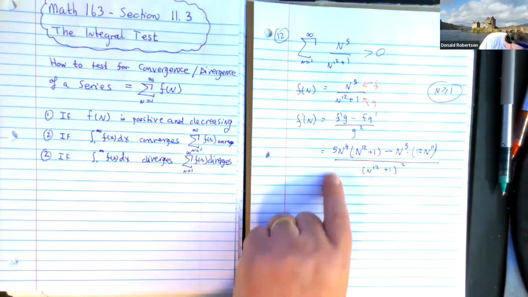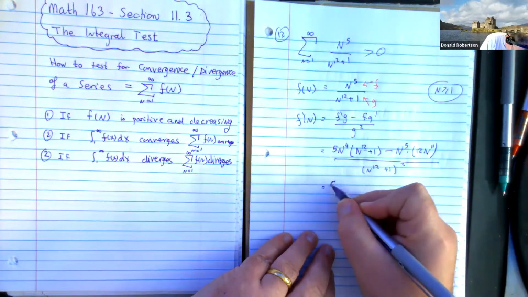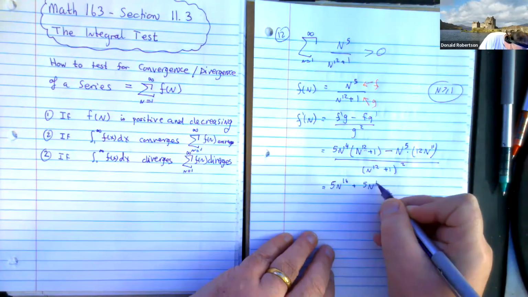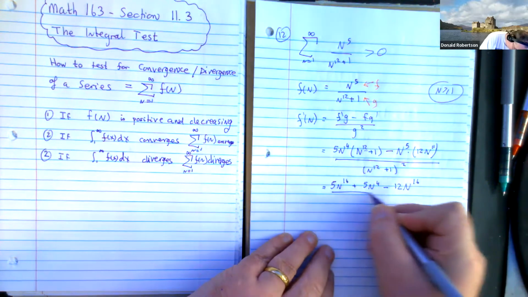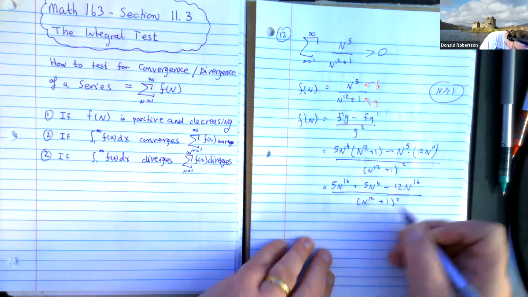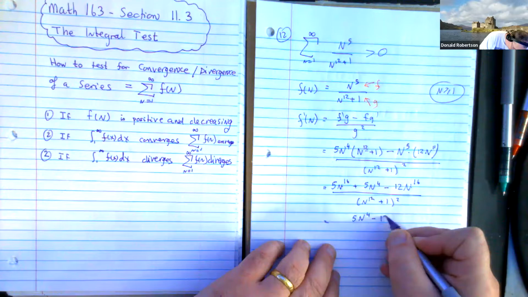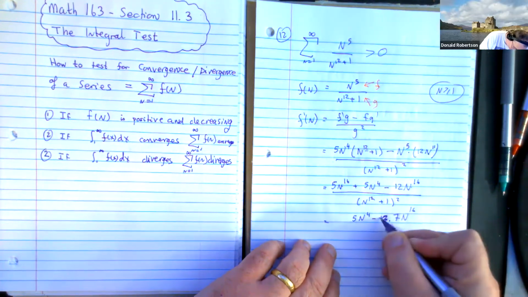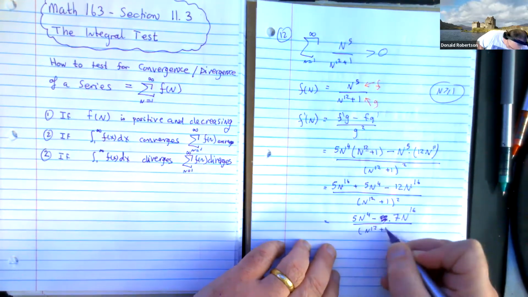Well, first thing I'm going to do is multiply out all these pieces. So that's 5n to the 16 plus 5n to the 4, take away 12n to the 16. And that combines, and I now have 5n to the 4, take away 7n to the power of 16, still over this guy squared.